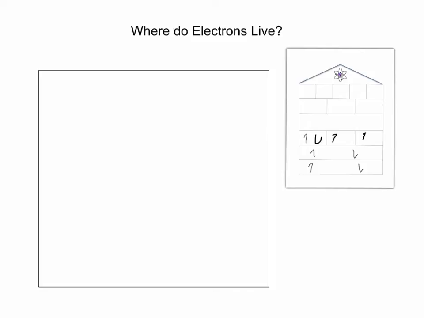And there are 3 different rules that we need to know. The first rule deals with how the electrons picked the energy levels, or the floors. And what we're going to say is that electrons always go to the lowest energy orbital that's open. And this is known as the Aufbau principle.